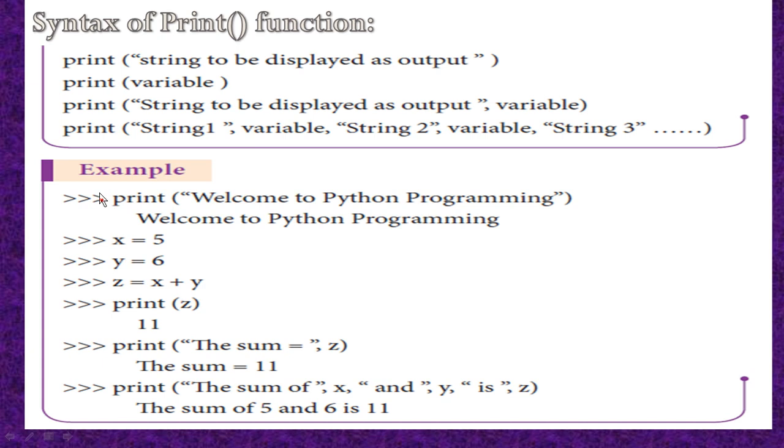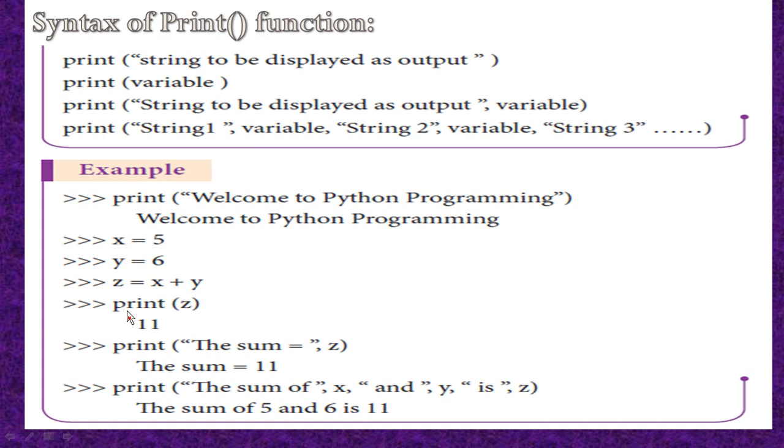Here is one example. We have typed this command in the interactive mode: print welcome to Python programming. Then the result is: welcome to Python programming. x equal to 5. Now the value of the constant 5 is assigned to x. Second one, y equals 6. Now 6 is assigned to y. z equal to x plus y. x and y are added, and the result will be saved in the variable z.